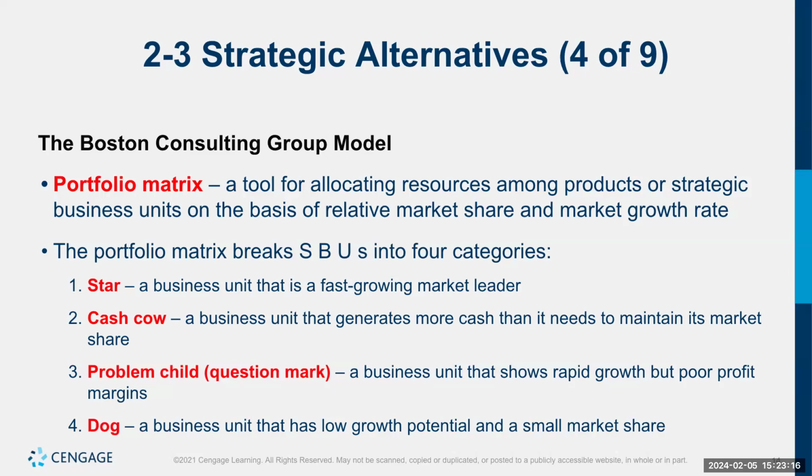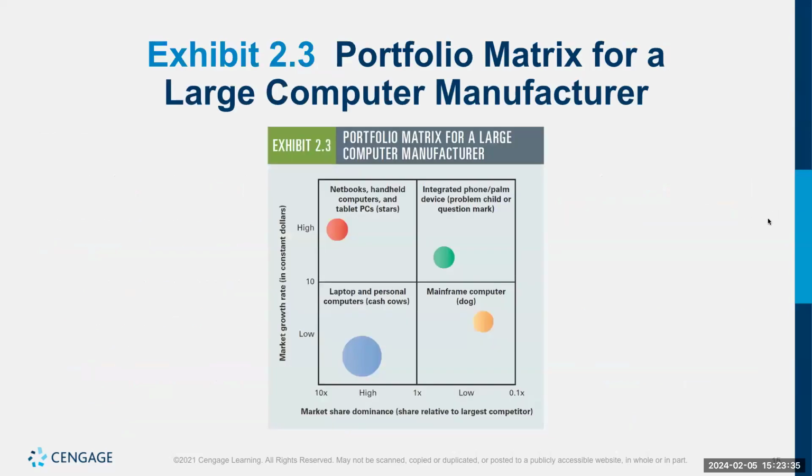We have the problem child, which is a business unit that shows rapid growth but poor profit margins. And we have the dog, which is a business unit that has low growth potential and small market share. So that's that matrix and how it looks, and you can see it here as well.